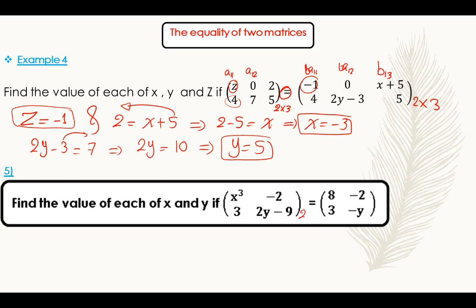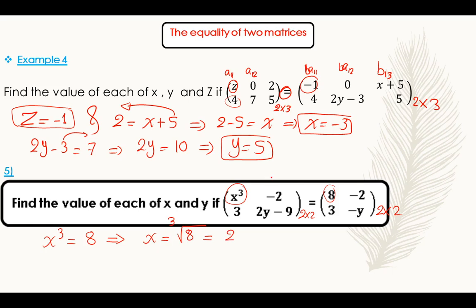The first is of order 2 times 2, and the second matrix is also of order 2 times 2. So the first element in the first matrix will be equal to the first element in the second matrix. So we can write that x to the power of 3 equals 8, that is to say x will be equal to the cube root of 8, and this is equal to 2.